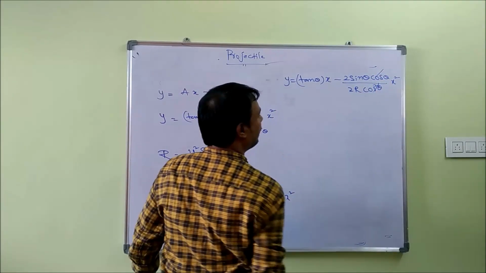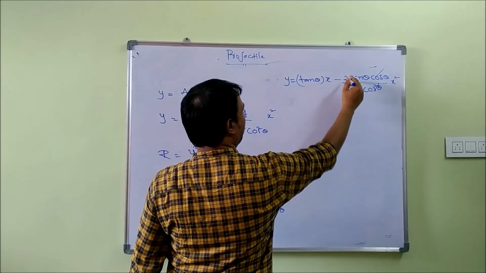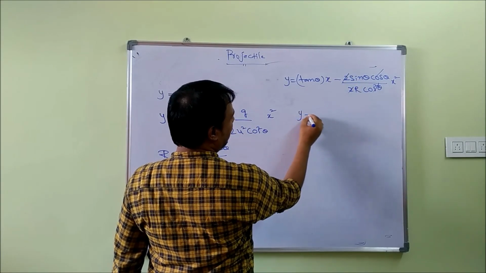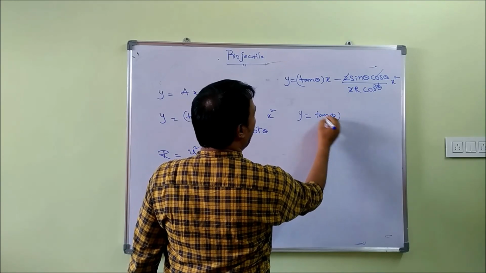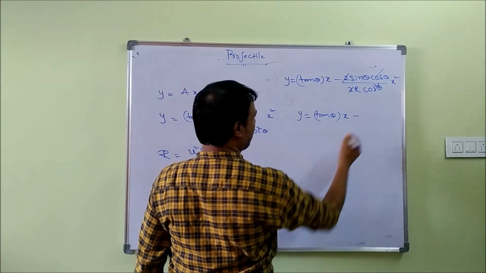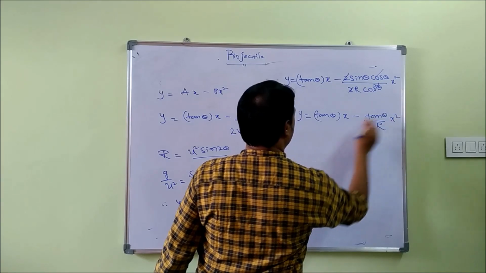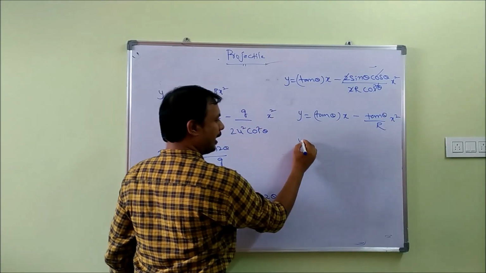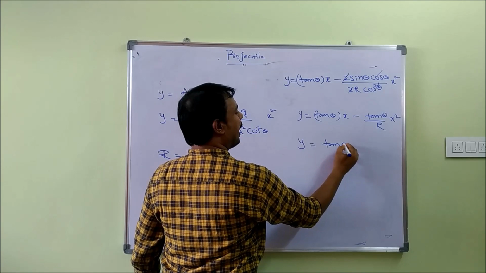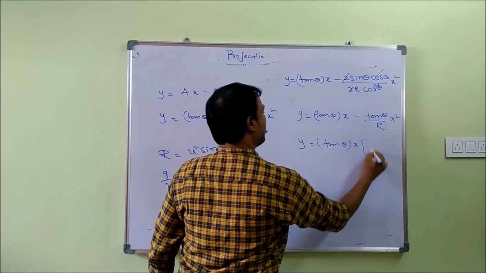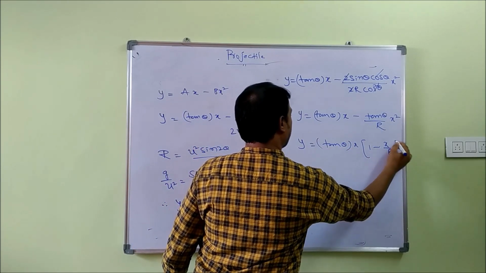Cos is cancelled, sin by cos is tan, 2 is cancelled, then y equals tan theta into x minus tan theta by r into x square. Tan theta x is taken out: tan theta into x into 1 minus x by r.